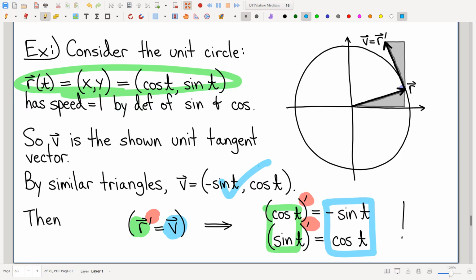And so check it out. I did not have to assume prior knowledge of how to take a derivative of cosine or a derivative of sine.